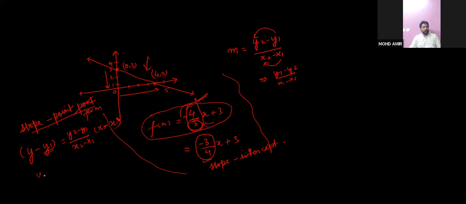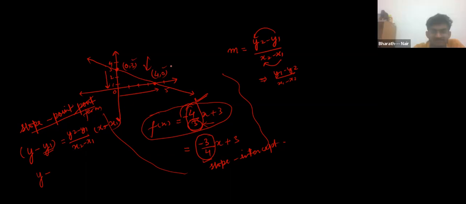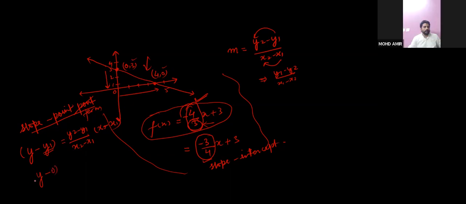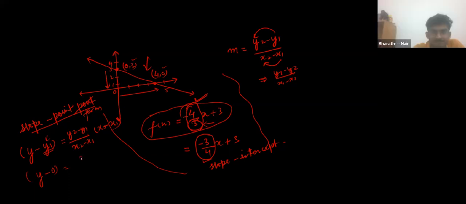So y minus y1, and y1 is our 3. You can choose whatever you like, 0 or 3, you can pick any one. Okay, 0. Y minus 0 is equal to, and remember this is y1. What is y2? 3, that is 3 minus 0.